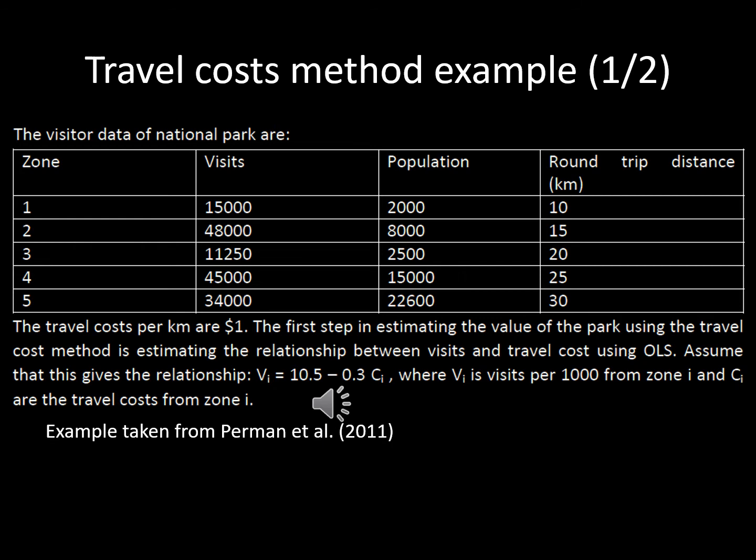Let's say we can estimate such a relationship with the help of ordinary least squares to control for other observable characteristics. And suppose that this procedure gives us park visits as a function of travel cost specified as 10,500 visits minus 300 visits per dollar travel cost for this example.